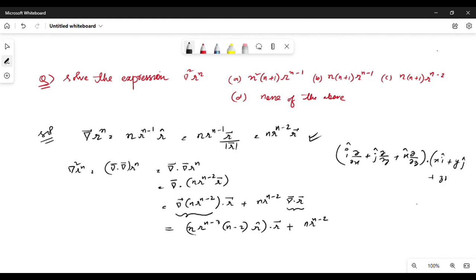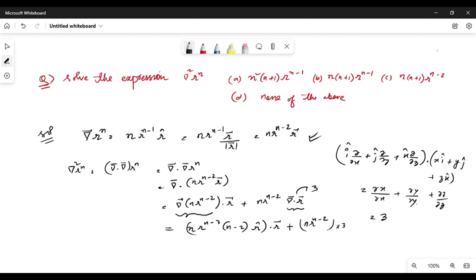So if you take the dot product, only i dot i, j dot j, k dot k survives. So ∂/∂x plus ∂/∂y plus ∂/∂z, and it is nothing but 3. So divergence of a position vector in 3D is 3, right? So I shall put this value, that is multiplied by 3.